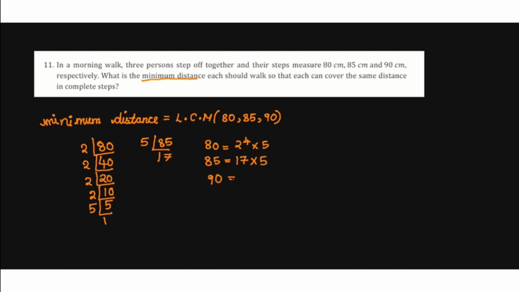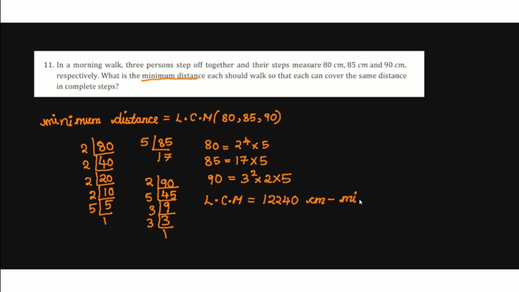When I put 90, in the same manner, I get 3 square into 2 into 5. So the LCM of 80, 85 and 90 equals 12240 centimeter, which is the minimum distance.